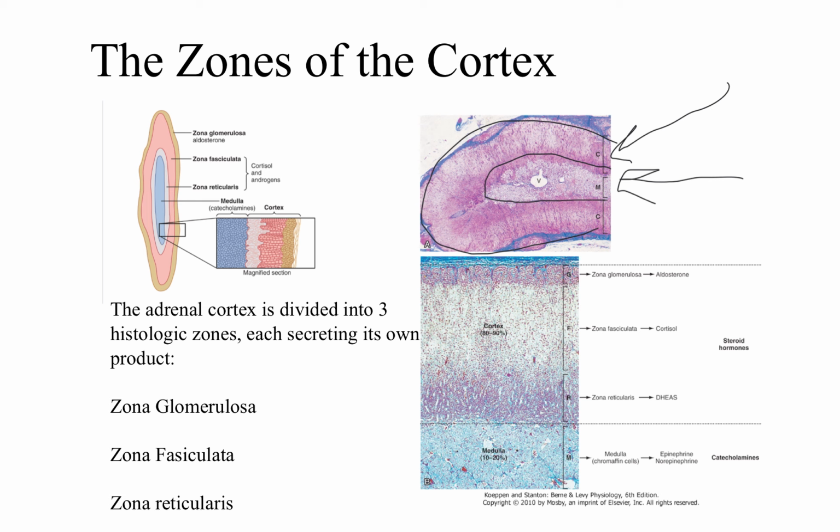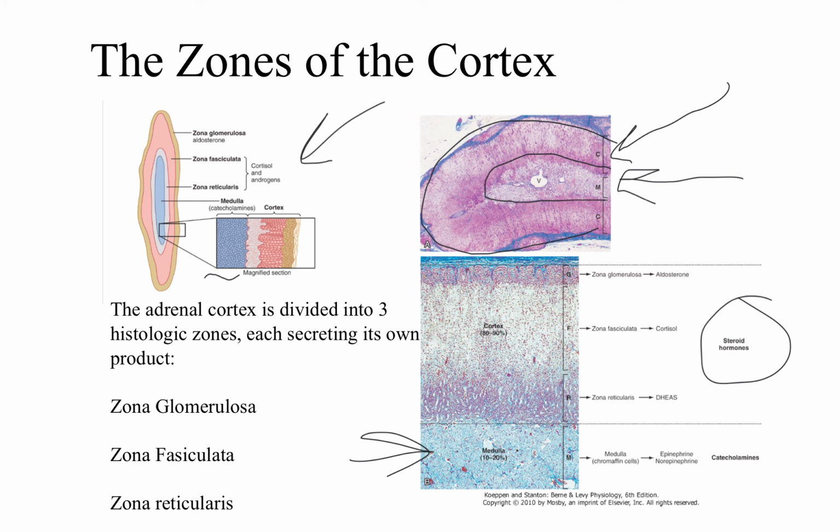A schematic of this is right here. So we have these three distinct layers of the cortex, the glomerulosa, fasciculata, and reticularis layers. And these layers each have their own specific products, which then are distinct from the medullary layers. The medulla itself makes its own products, which are not steroid hormones like the products coming from the cortex.